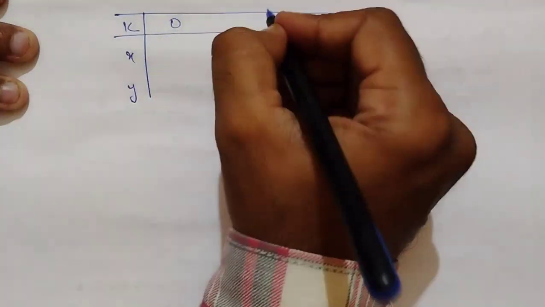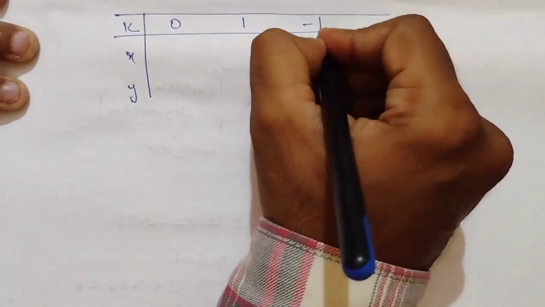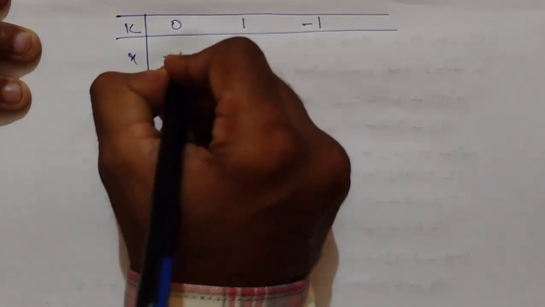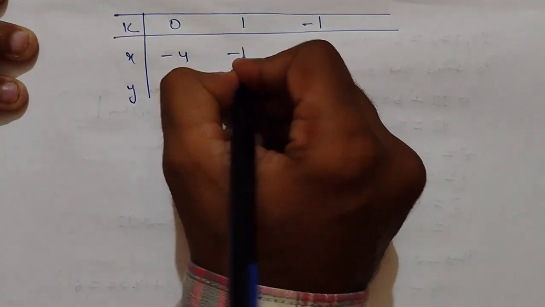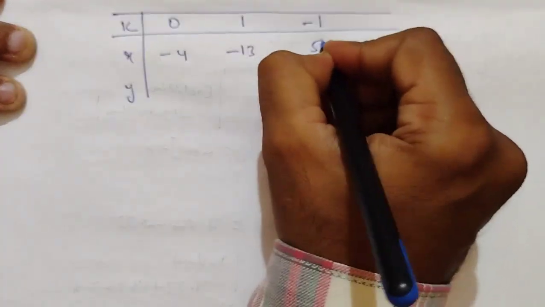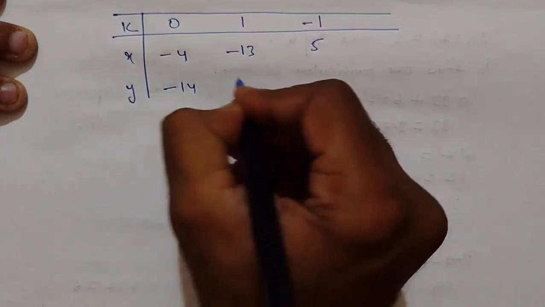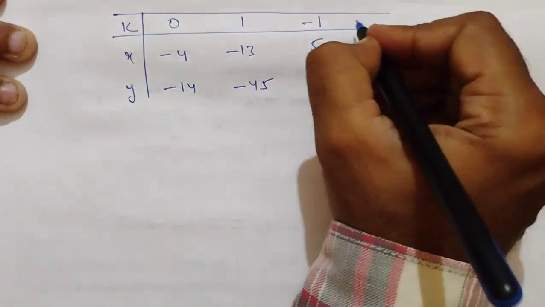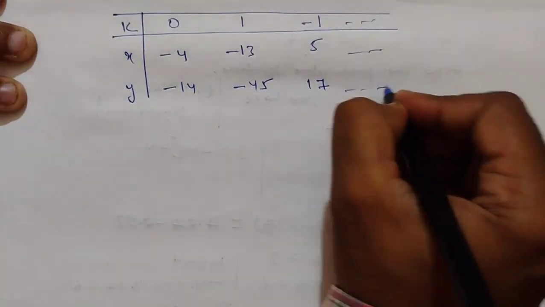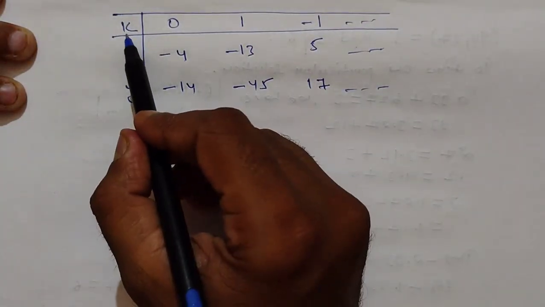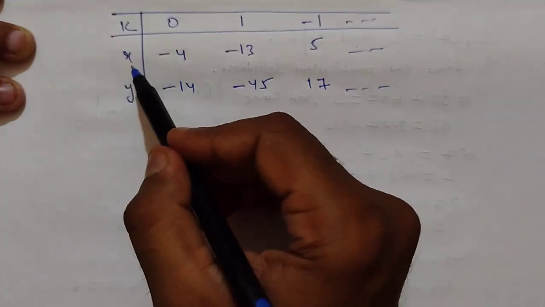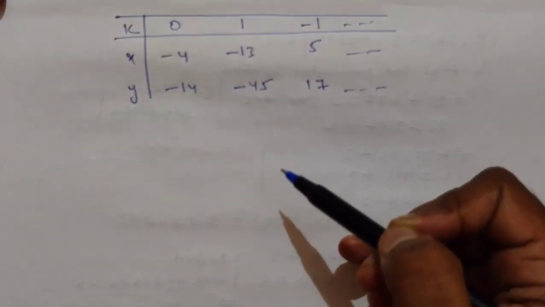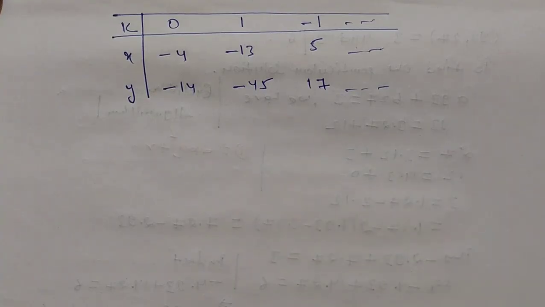Putting the value of k as 0, 1 and minus 1, we are getting the results: minus 4, minus 13, 5 for x, and minus 14, minus 45, 17 for y, and so on. We will continue putting the values of k and we will get the corresponding values for x and y. So this is the final solution.